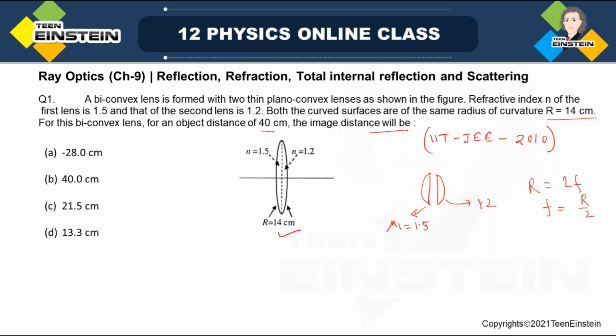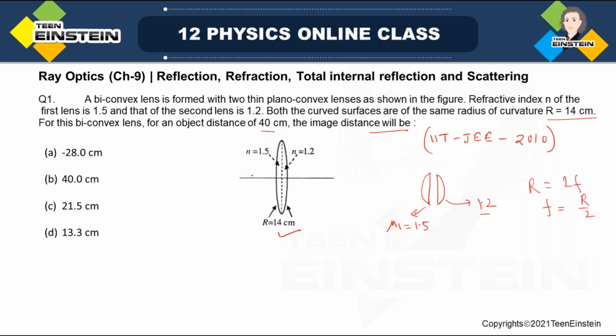One has refractive index 1.5, another one has refractive index 1.2, but anyway the radii of curvature are the same for both the plano-convex lenses, and when they combine together to form a biconvex lens, you see something like this.